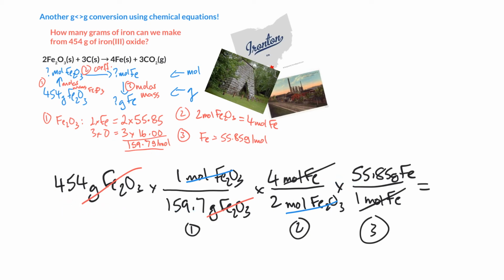So my calculator says 317.5. That rounds to 318. And the units, right? Everything's canceled apart from grams of iron. So a pound of iron oxide can essentially make 7/10 of a pound of iron. So that's kind of cool.